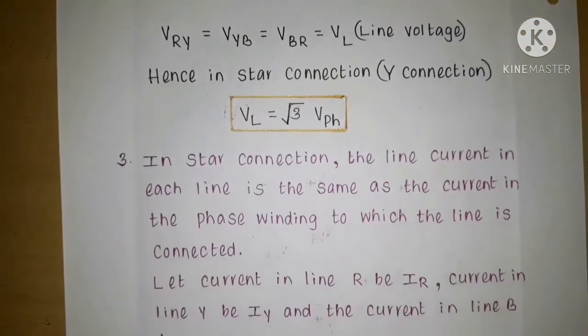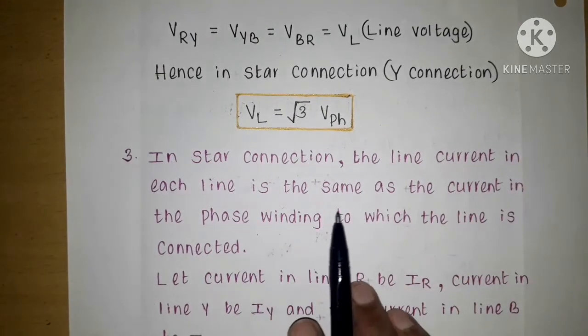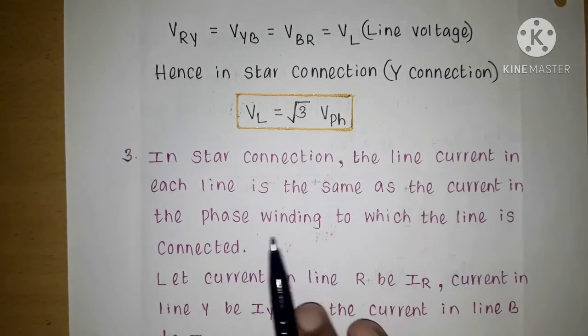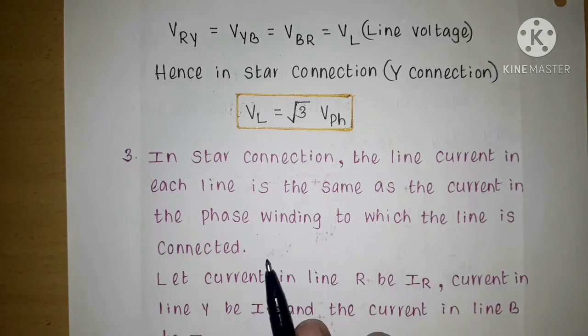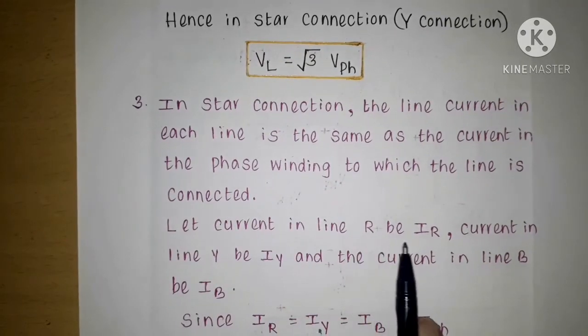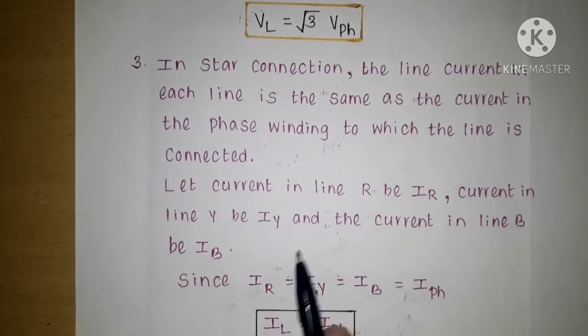In star connection, the line current in each line is the same as the current in the phase winding to which the line is connected. Let the current in line R be IR, in line Y be IY, and in line B be IB.